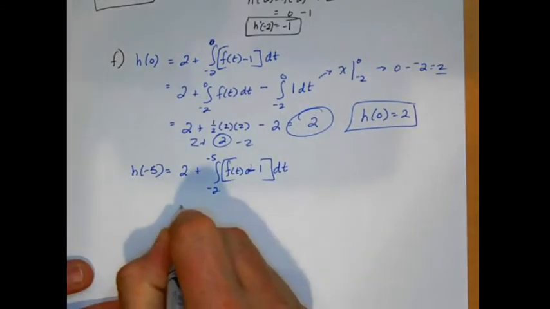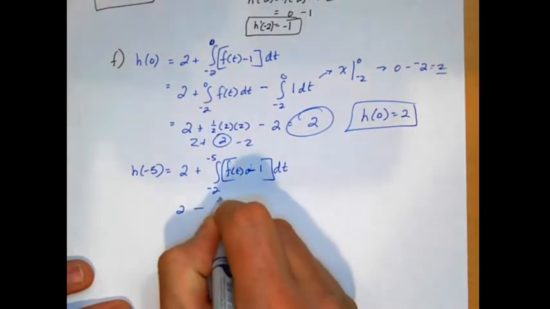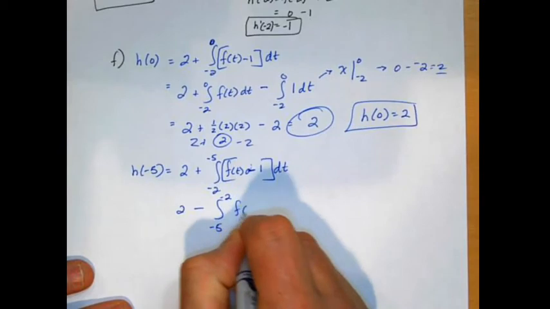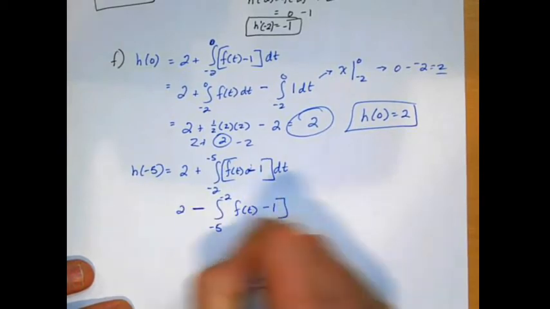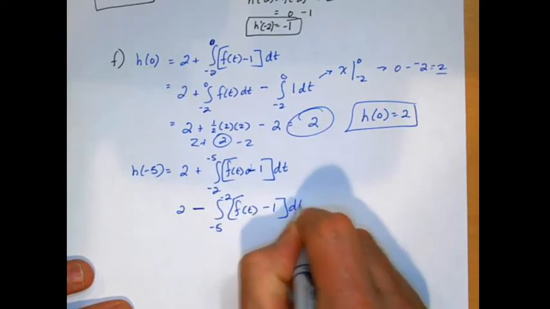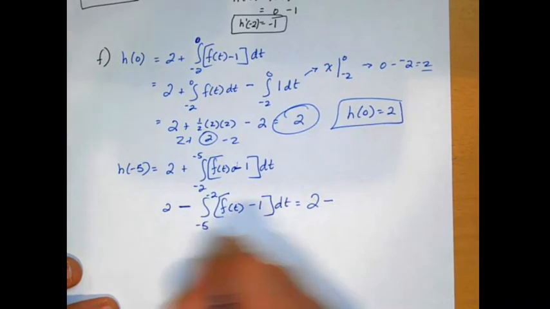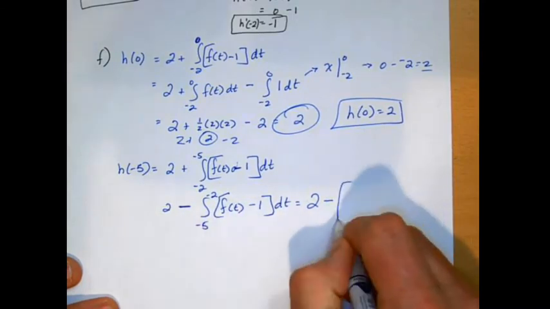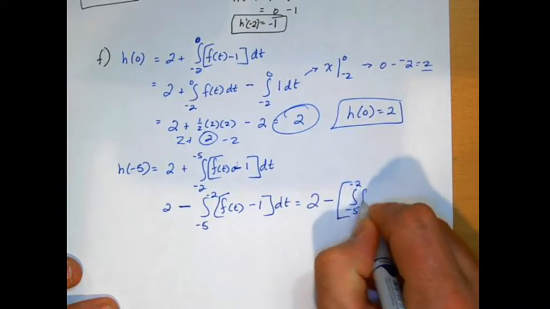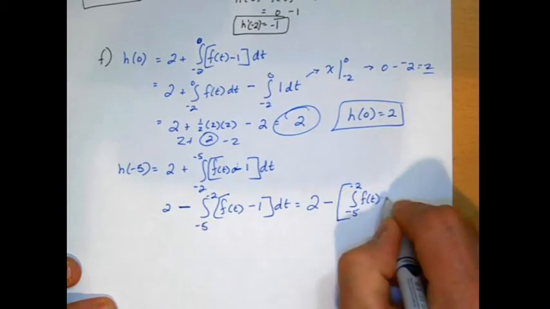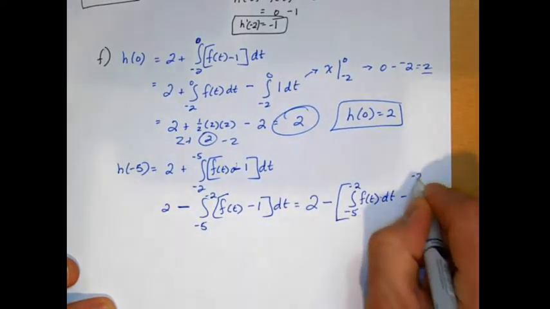If I want to change the direction, I go in the opposite direction, which makes this negative out here. Then I split it: the integral from negative 5 to negative 2 of f of t dt minus the integral from negative 5 to negative 2 of 1 dt.